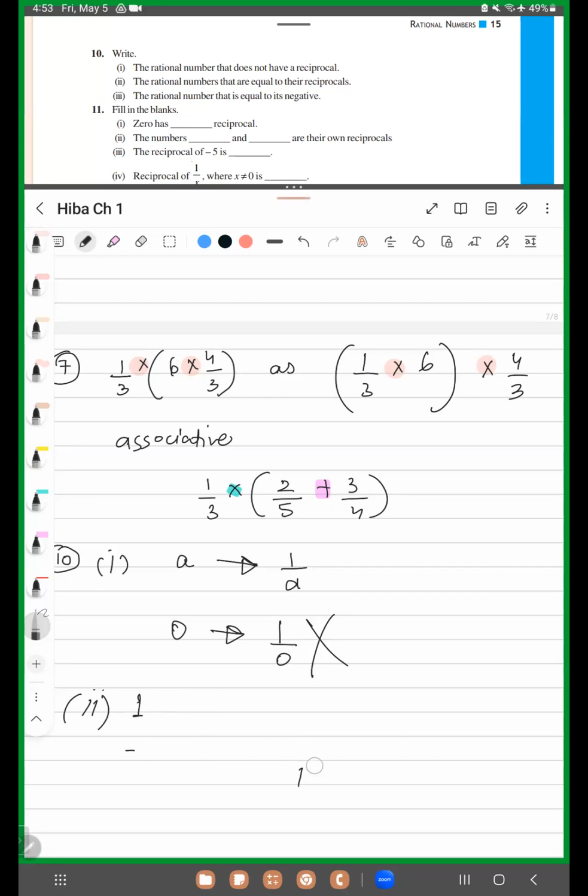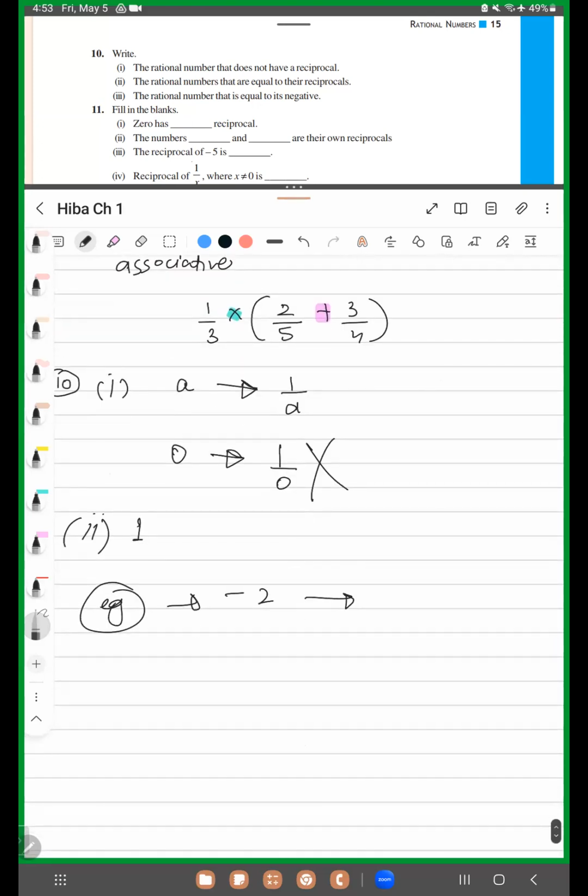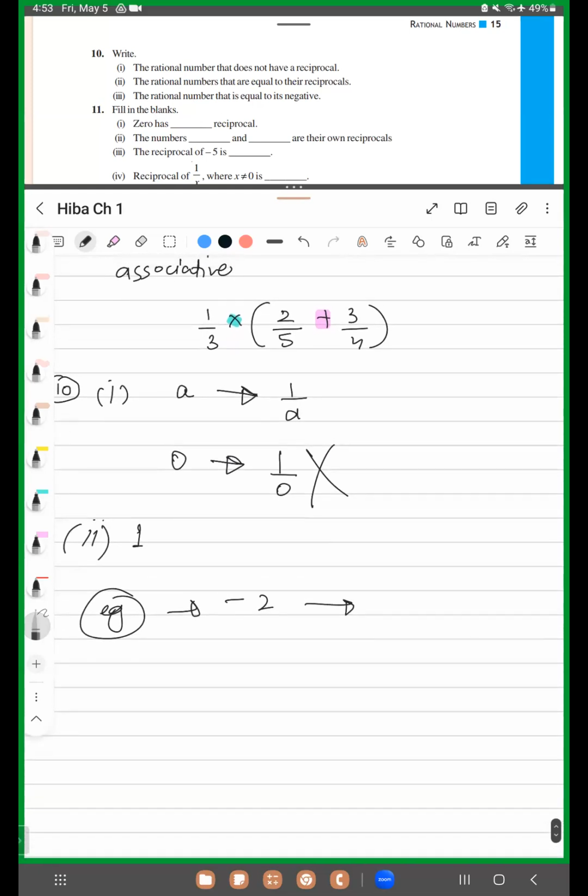Okay. Let's take an example of a negative number. Find the reciprocal of -2. Minus 1 by minus 2. No, not minus 1 by minus 2. 1 by minus 2. Okay, 1 by the number. What did we see just now? Just now you only told me the definition of reciprocal.